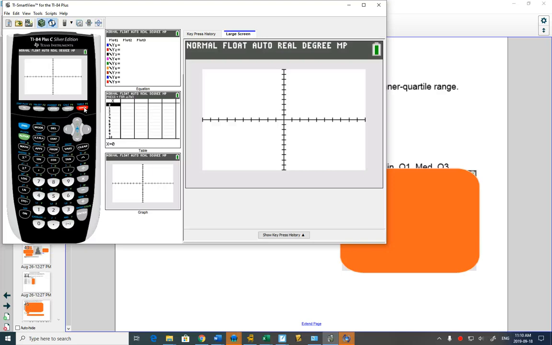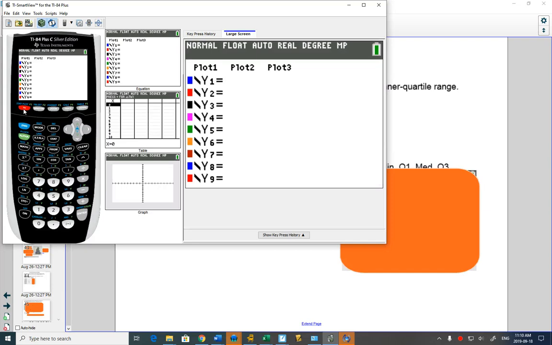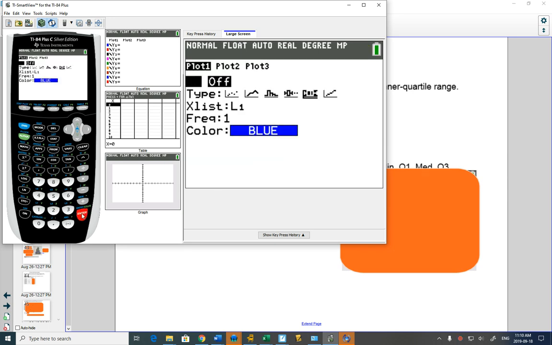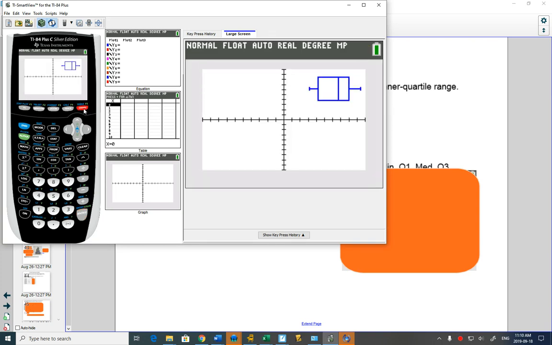No. Is my plots turned on? Did I turn my plot 1 on? No. So I might want to go second y equals number 1, turn it on. That could help. Now I'm going to hit graph again. There it shows up.